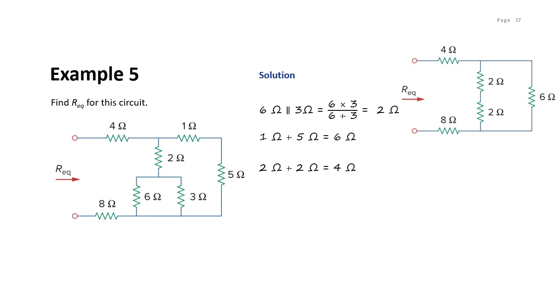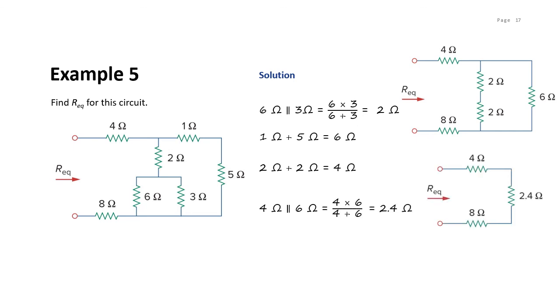And now this 4 ohms is in parallel with the 6 ohm resistor. So 4 in parallel with 6, you get 2.4 ohms. And finally, you can see that they are all in series, so you just add them all together, and you get R equivalent equals 14.4 ohms.